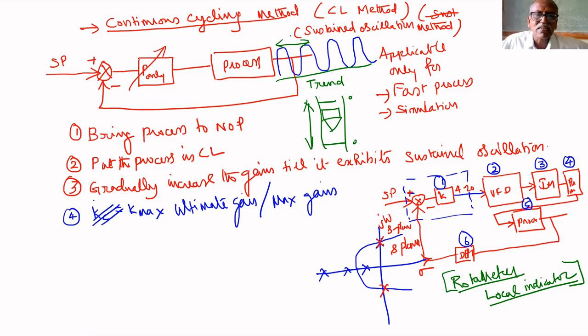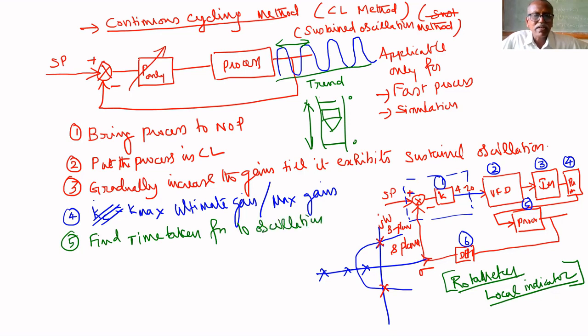So for a sustained oscillation, we have to note down 10 oscillations, because if you find the time for one oscillation, it may not be correct. Find the time taken for 10 oscillations, then divide that by 10, and you will get the time for one oscillation.